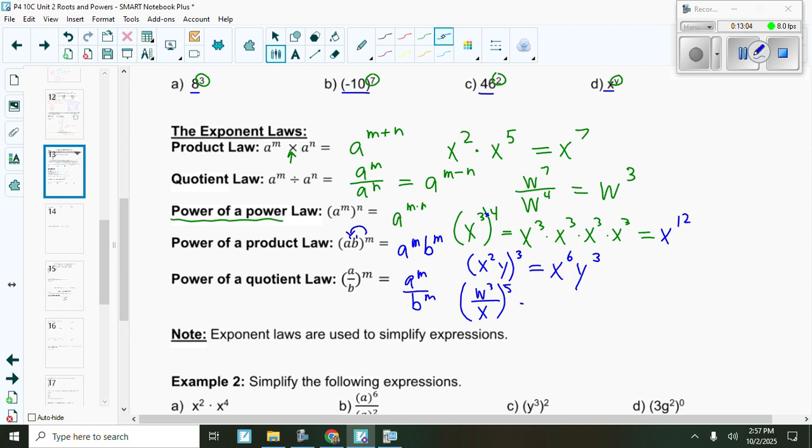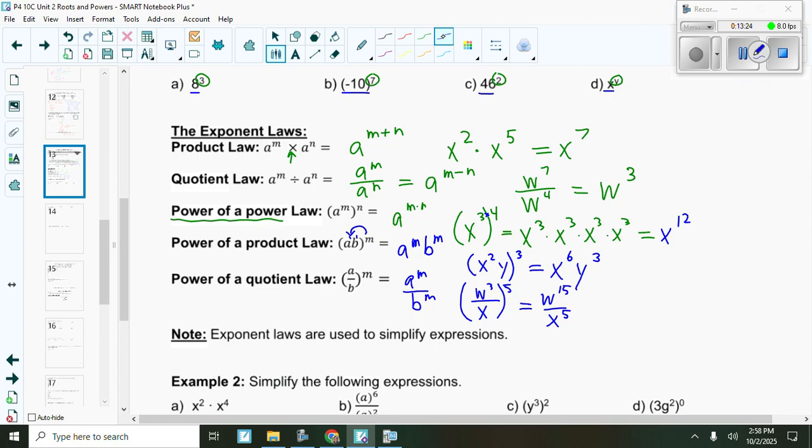That just means that each of them would get the 5 because this is a power of a power. It would be w to the 15 over x to the 5. So we're just multiplying 3 times 5 to 15, 1 times 5 to give me the 5. So the 5 gets to go for each.